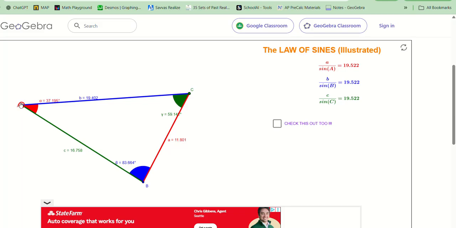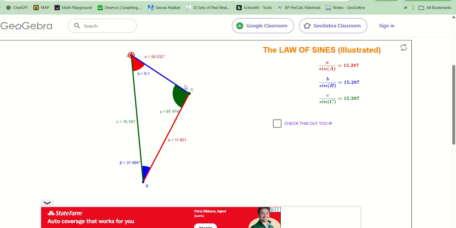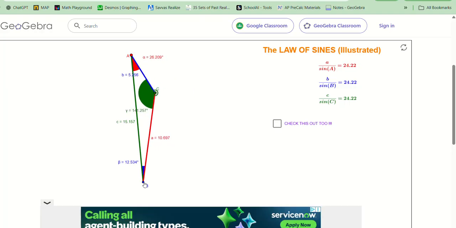Oh, okay. Spin it around, make it big, use a triangle. Okay, still the same. Ratios on the side are still the same every single time, no matter what triangle it is.